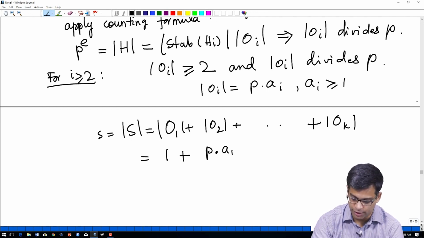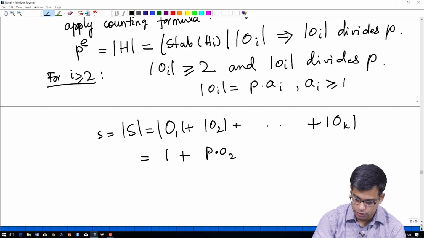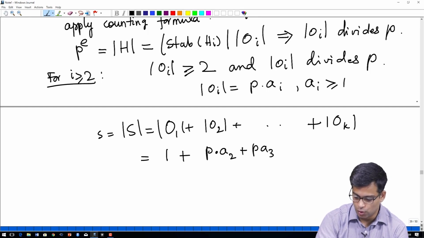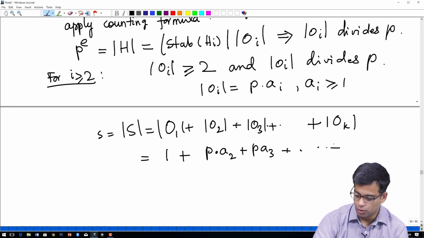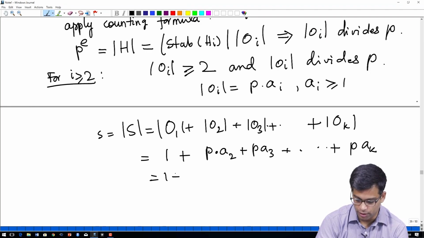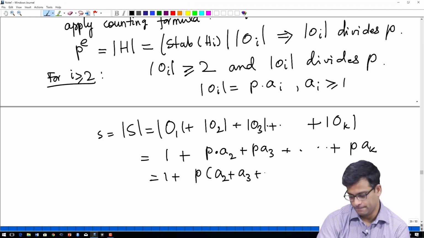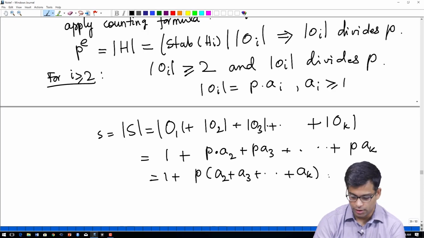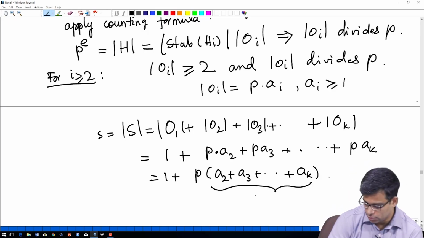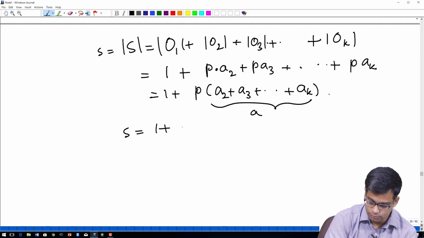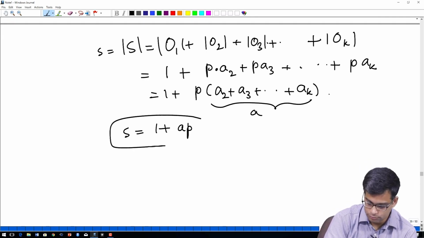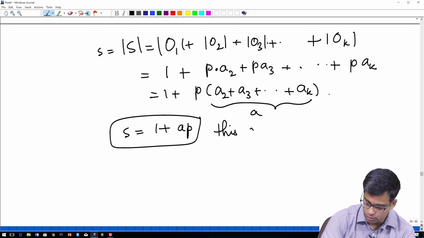So it is p times a_2, p times a_3, and the order of O_k is p times a_k. So it is 1 plus p times (a_2 plus a_3 plus up to a_k), and you call this a. This is exactly the statement that we made.